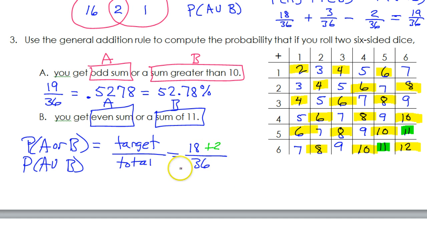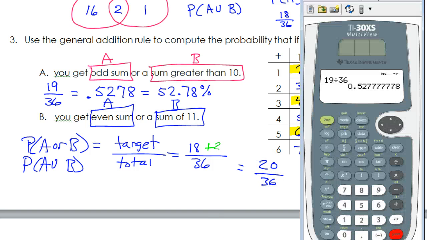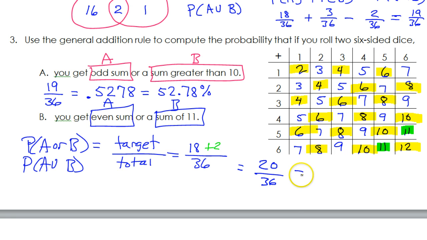So obviously that is a total of 20, so that's going to be 20 over 36. Let's remember how to reduce that. If we just put it in fraction mode, 20 over 36, the calculator will reduce it for us. 5/9. So as a fraction, that would be the probability.